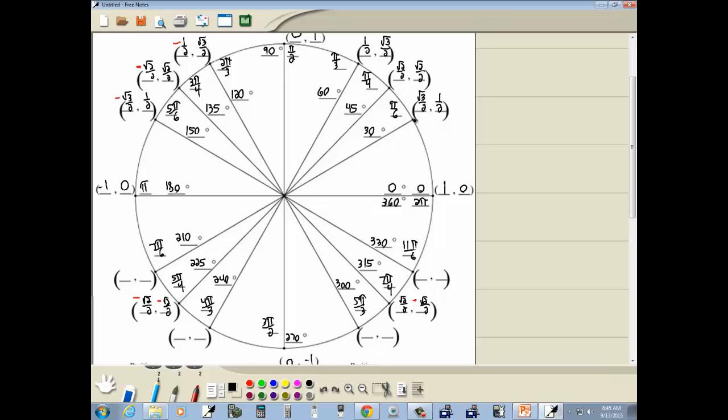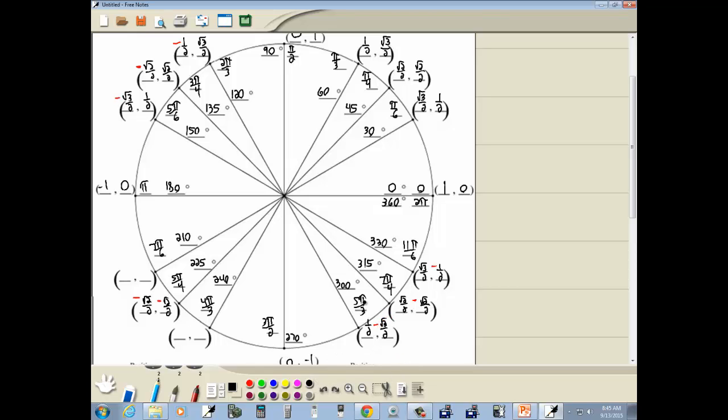If I were to come straight down from this point, down to here, then this one will also be square root of 3 over 2 and 1/2. And this one, if I were to come straight down from here, this will also be 1/2 and square root of 3 over 2. Keeping in mind that for the signs here, down in this quadrant, the y's are negative. So that's negative, and this is negative.